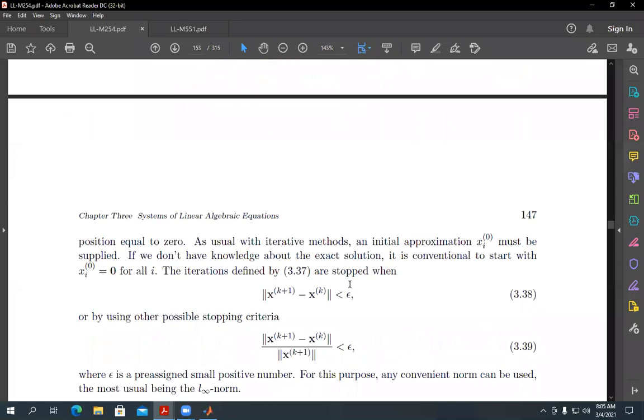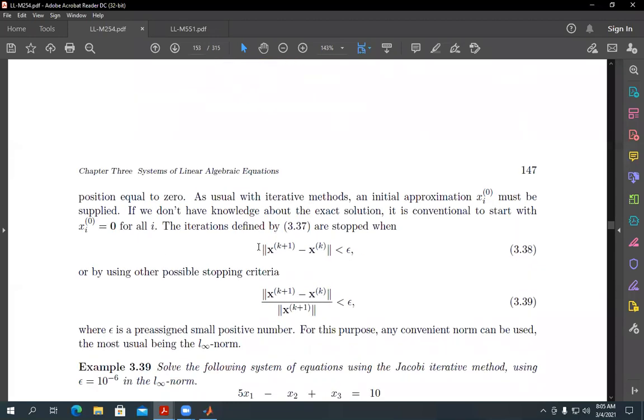Now this is the stopping criteria, as I told you. The new approximation which you calculated, and the old approximation or initial approximation given by the teacher, and this is the accuracy. If the teacher does not mention the number of iterations, he always gives you the accuracy.